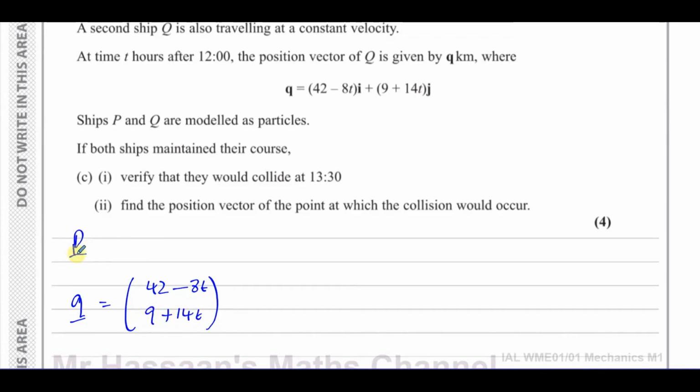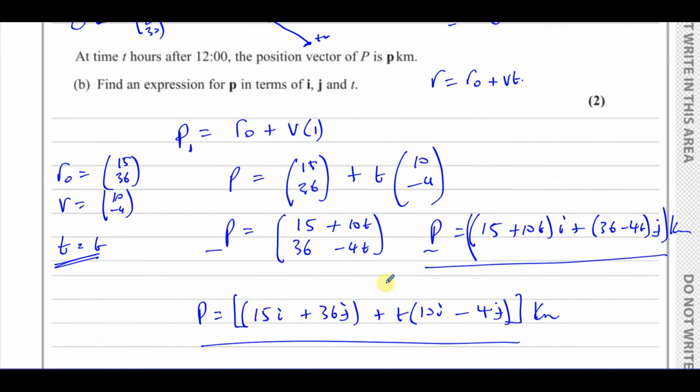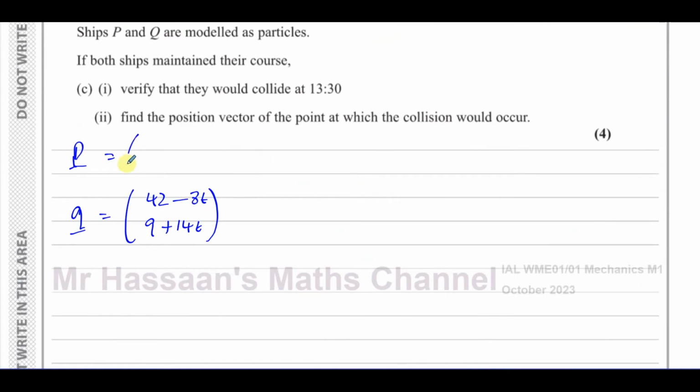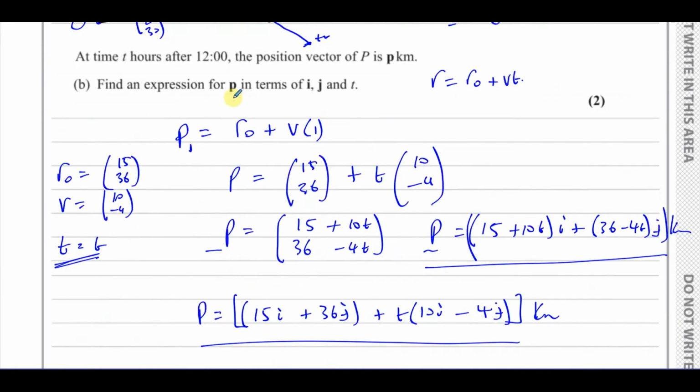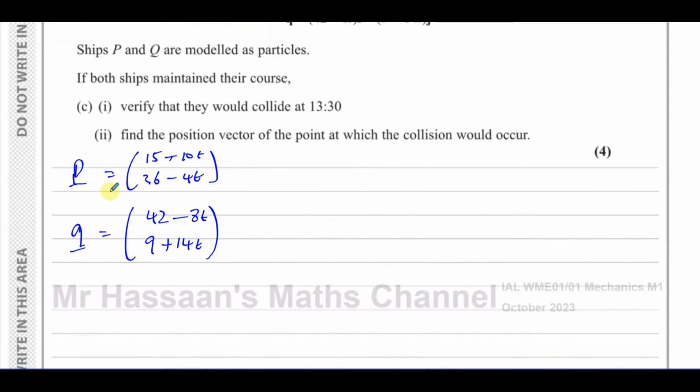And our vector P from the last page, if we remember, was (15 plus 10t)i plus (36 minus 4t)j. Let's make sure again, in case I make a mistake. Yep, that's fine. So that is our vector P and our vector Q.